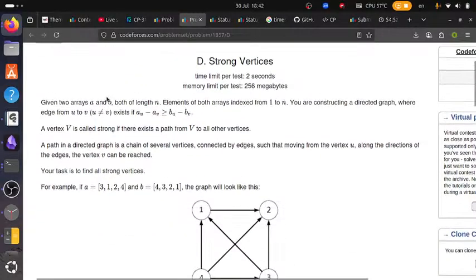So let's see what we can think about. So if there's a path from V to all other vertices.